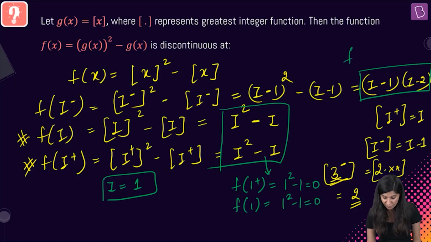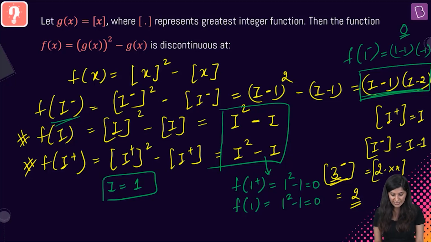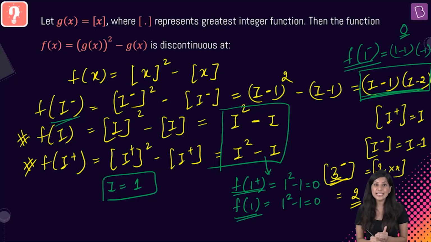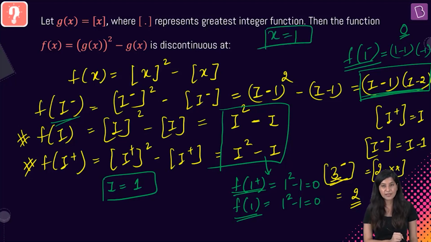And in fact, f(1 minus), if I evaluate from this definition, I get (1 minus 1) and then (1 minus 2), that is negative 1. That means overall I am having 0. That means f(1 plus), f(1) and f(1 minus) are all equal, right? That means the only integer at which this f(x) is continuous is nothing but x equal to 1, right?